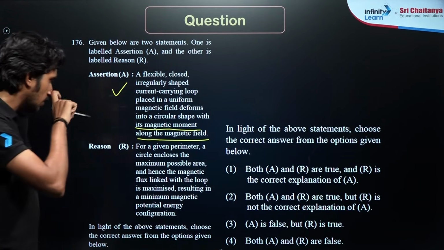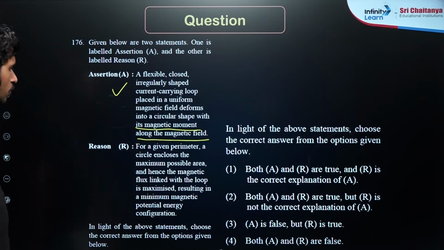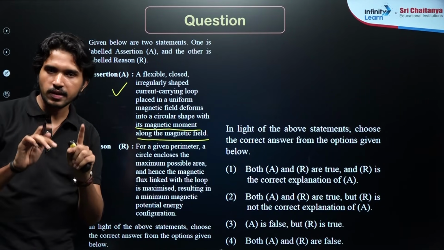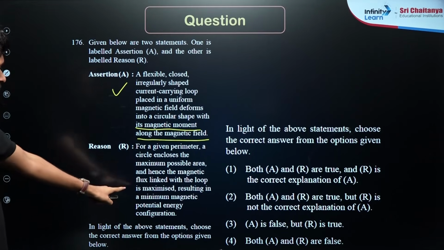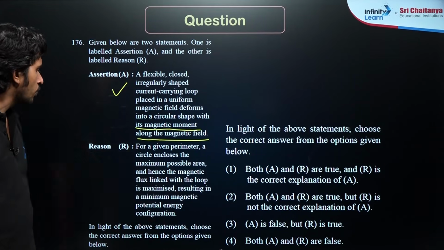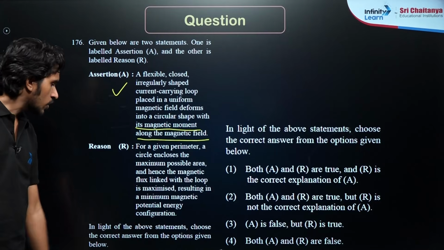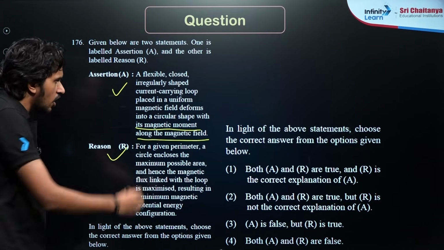Yes, true. For a given perimeter, a circle encloses the maximum possible area. That is true. And hence the magnetic flux linked with the loop is maximum, resulting in a maximum magnetic potential energy configuration. Why so?